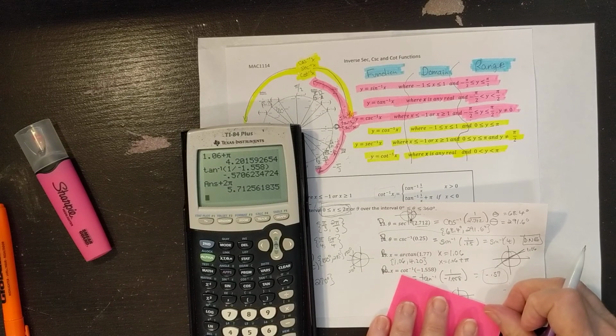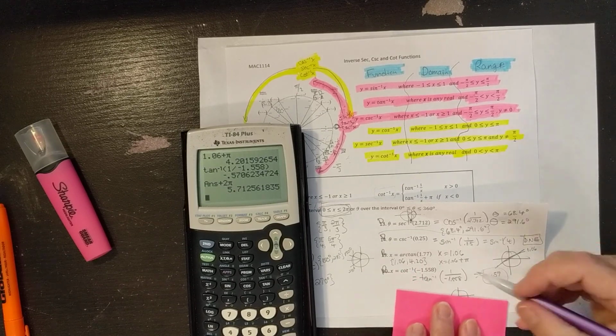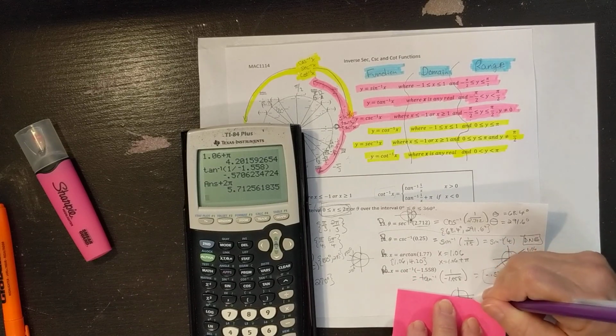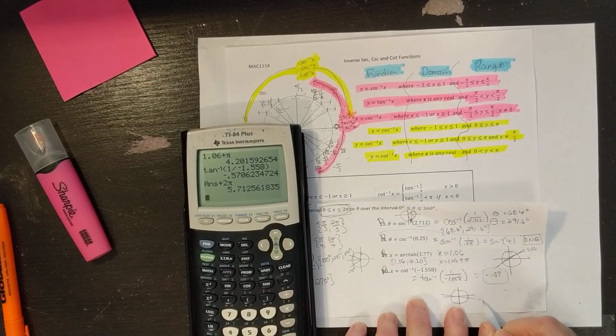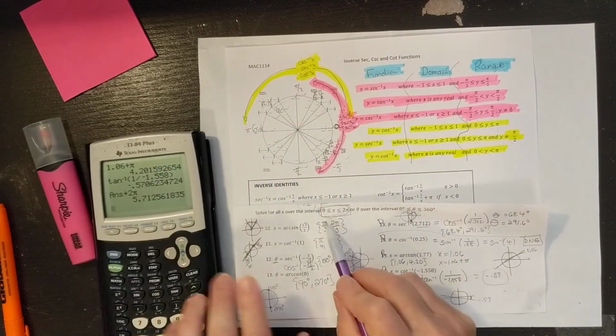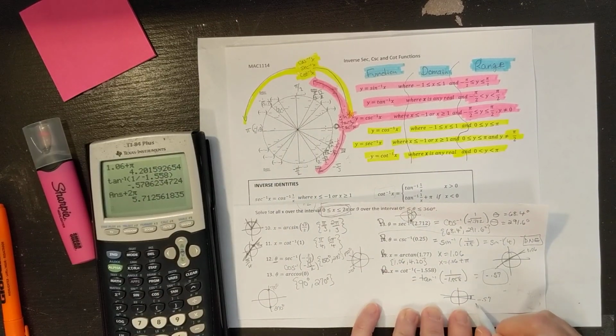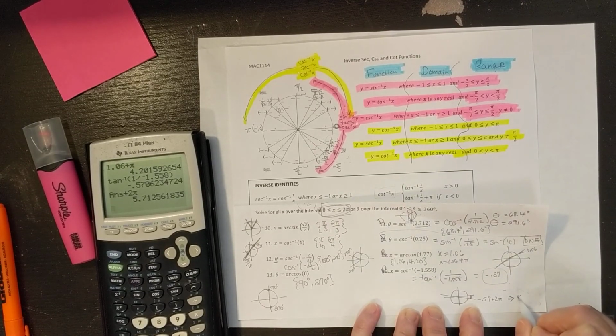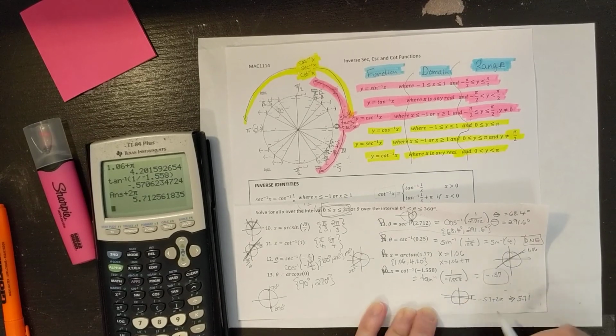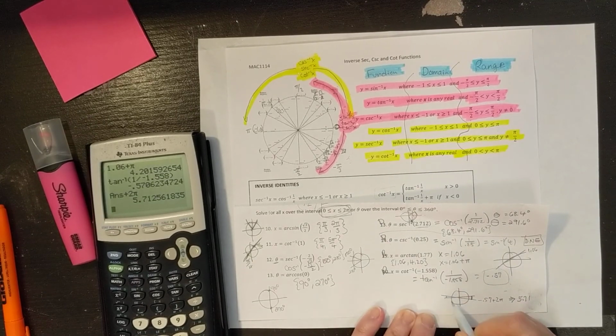So negative 0.57, let's say it is here. All right. We know that 180 degrees off from that, there's another one. So this is negative 0.57. That means this much is negative 0.57. How to get this in the range between 0 and 2 pi, to get this angle right here, we had to add 2 pi. That's coterminal, and that produced 5.71. How do we get the second angle right here?